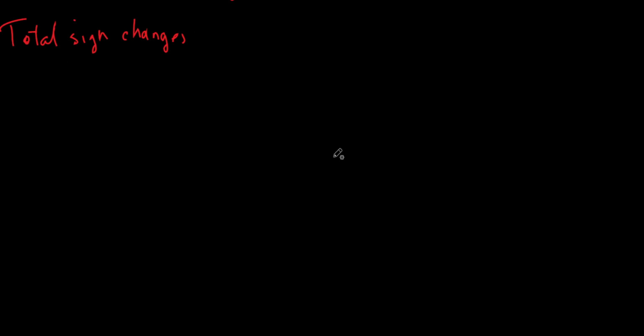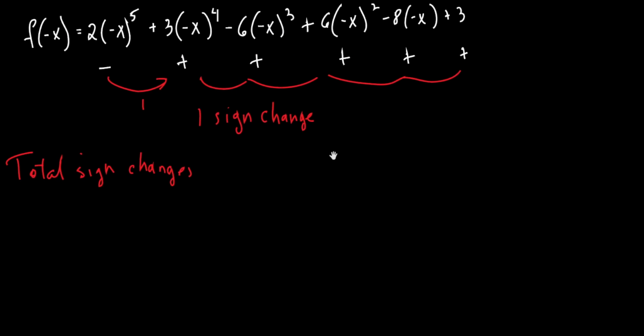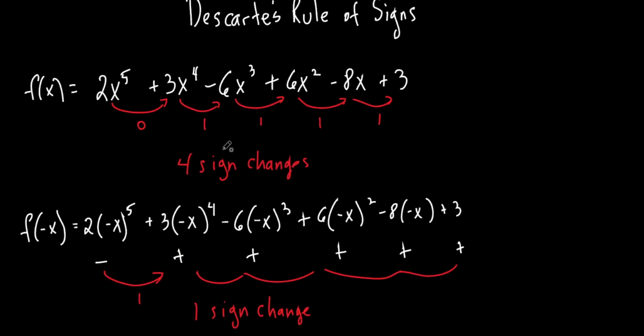Oh, by the way, here's a weird thing. If you look at the definition of this rule of signs kind of thing, when it's just f of x, that means that there's 4 positive real zeros.